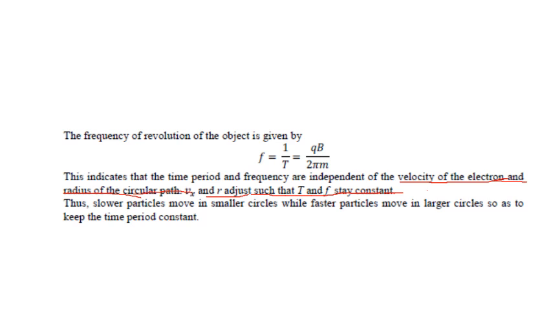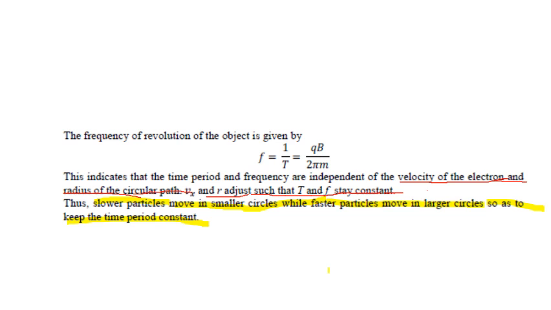We can also check this. A slower particle moves in a smaller circle while a faster particle moves in a larger circle, so as to keep the time period constant. These types of things can also be asked.